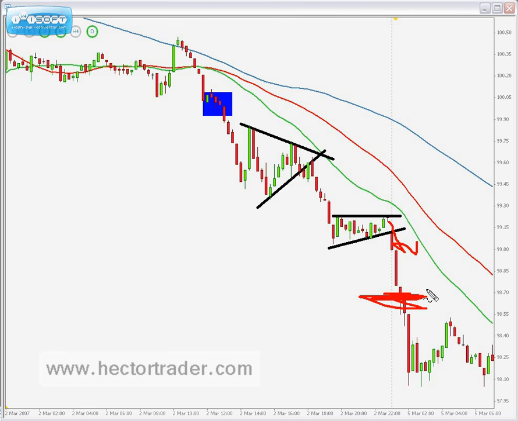I can't remember exactly at what level I exited my position, but I think I had my final target at around this level. But nonetheless, once we saw this area of decision-taking consolidation break to the downside, I knew for a fact that this trade was going to be a winner, and my final target was going to be met.